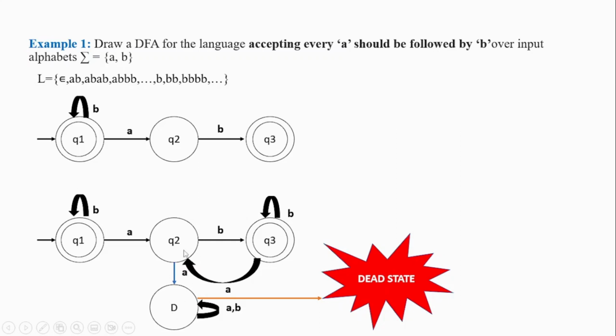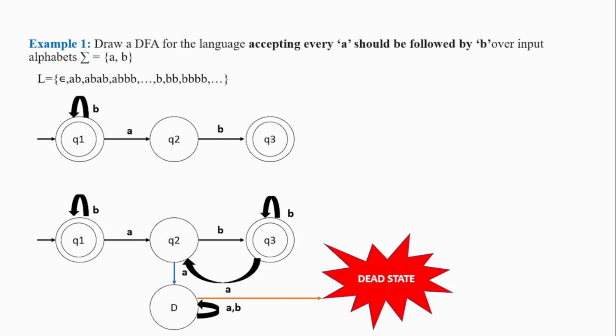So from here, there are two possibilities, because we can enter into the state Q2 only when we see A. After seeing A, I am entering into the state Q2, right? From either Q1, if I see A, I will be in Q2. And from Q3, if I see A also, I will be in Q2. From Q2, there are two possibilities for me.